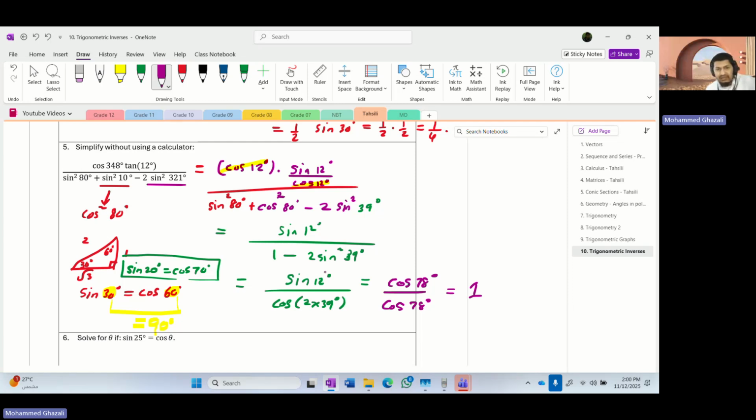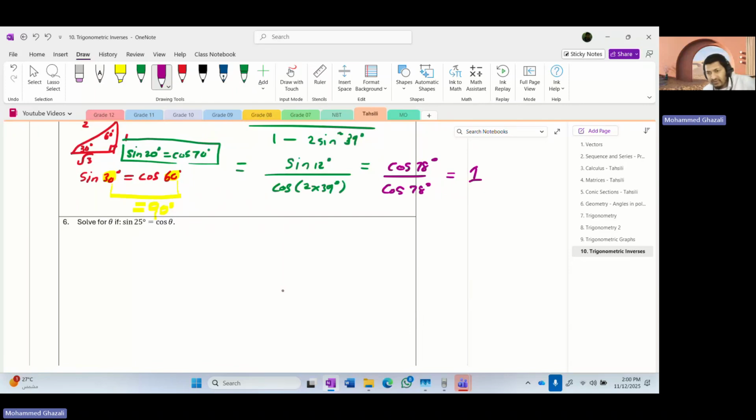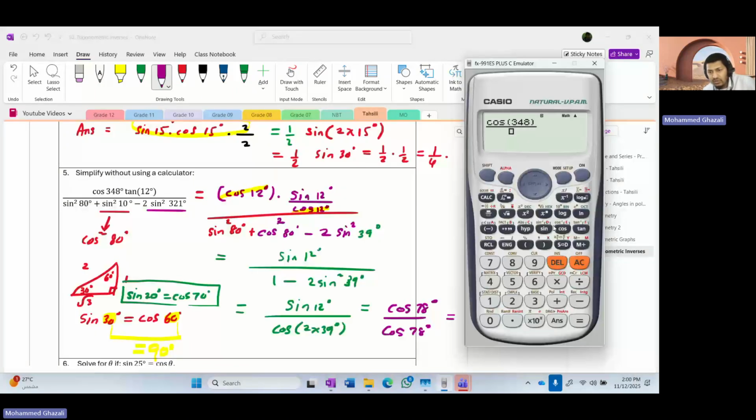The problem you might have is how to type this into the calculator. So let me just show you how to type a sine squared into the calculator. Actually, let's type the entire thing. I'm going to do it quickly. Cos 348 times tan 12 over sine squared 12. You need to put a bracket with sine squared 12 because you can't really put the squared there.